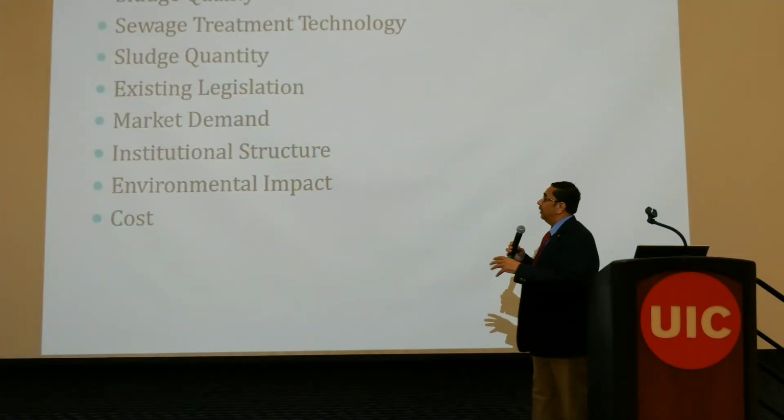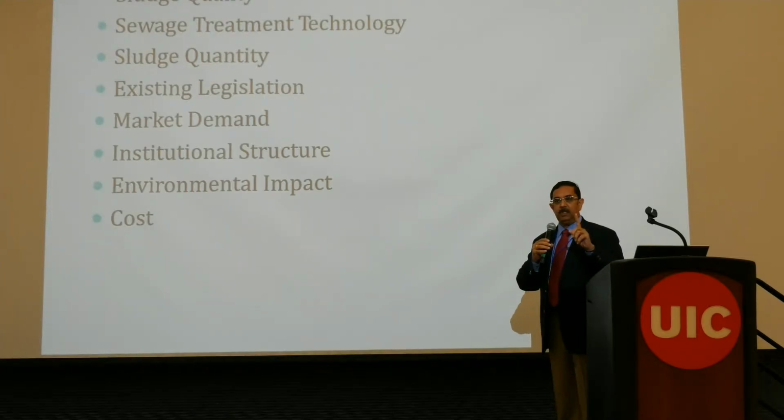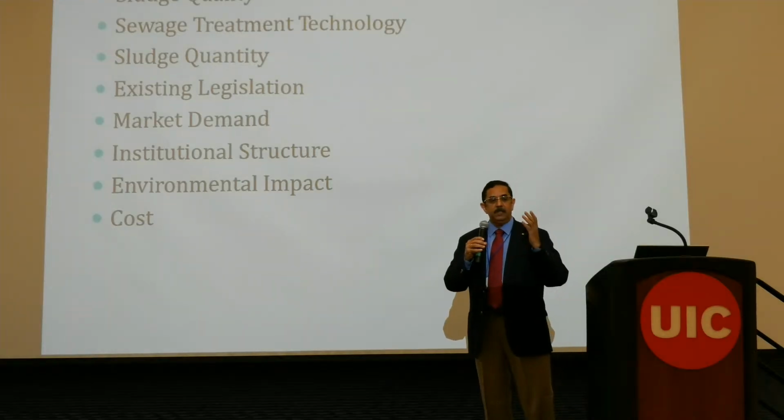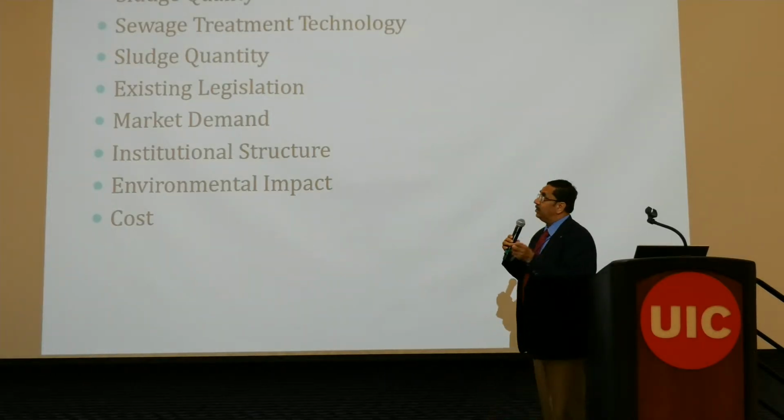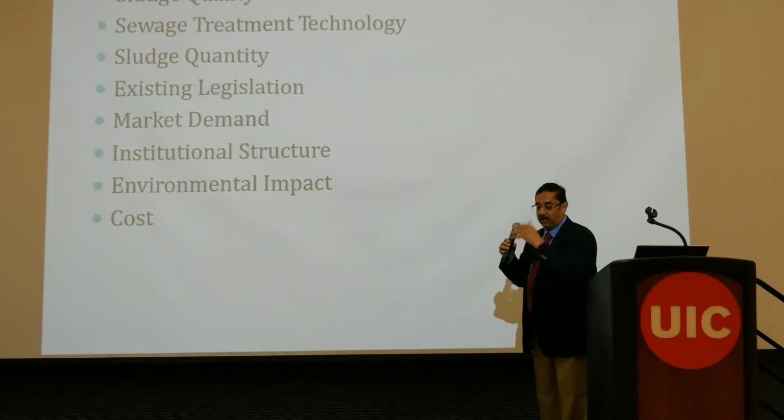When we looked at it, we looked at 4 different cities, but what I'm going to cover today is only one: 250 tons per day, number of plants, sludge quality, treatment, technology, existing applications, markets, and cost.